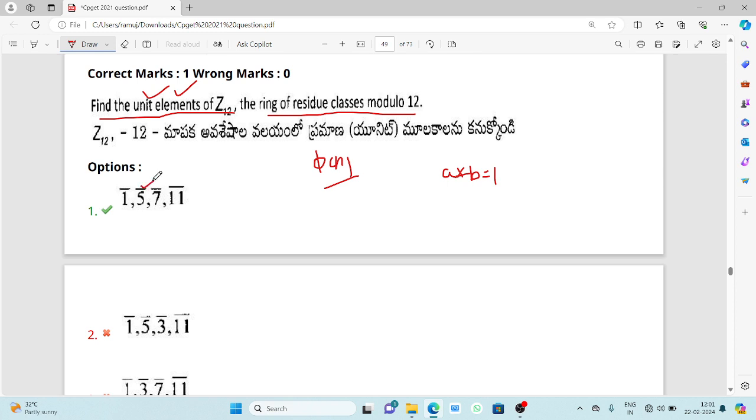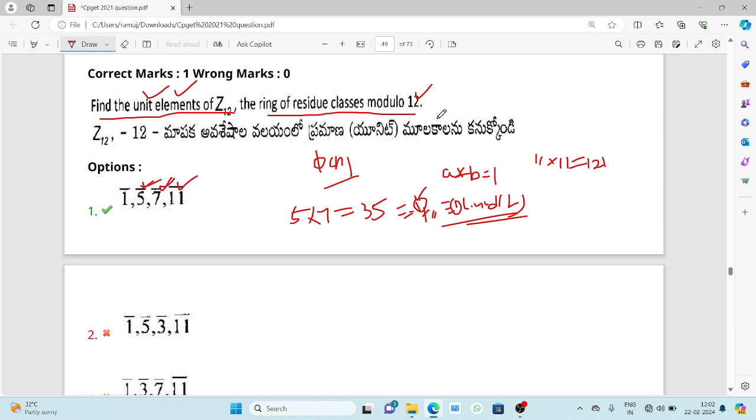If I multiply 5 into 7, I get 35. If I take it modulo 12, I get 1. So we can say that 5 and 7 are multiplicative inverses of each other. 11 is its own multiplicative inverse, because 11 into 11 gives 121, and modulo 12 you get only 1.